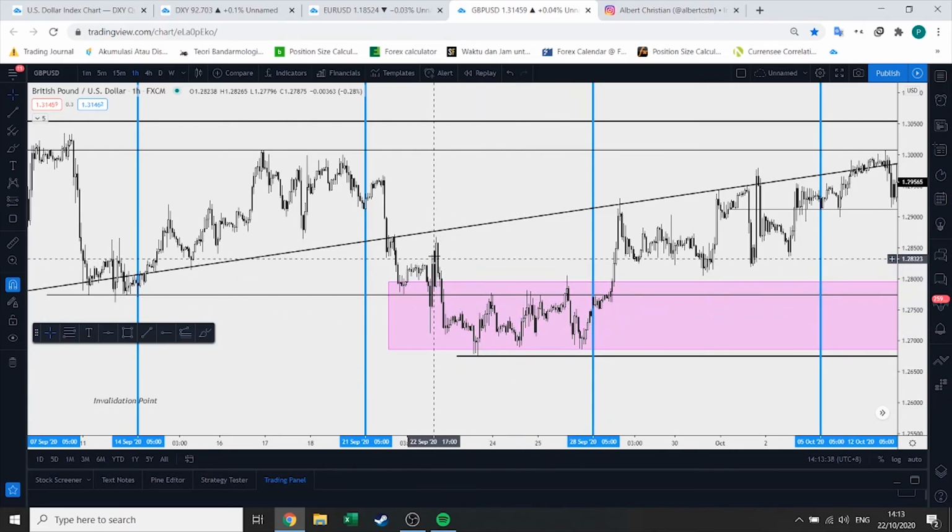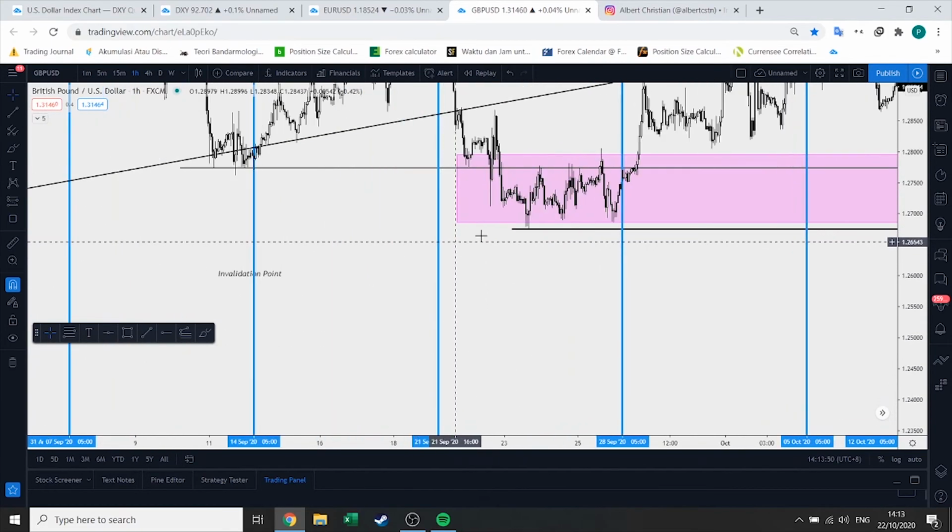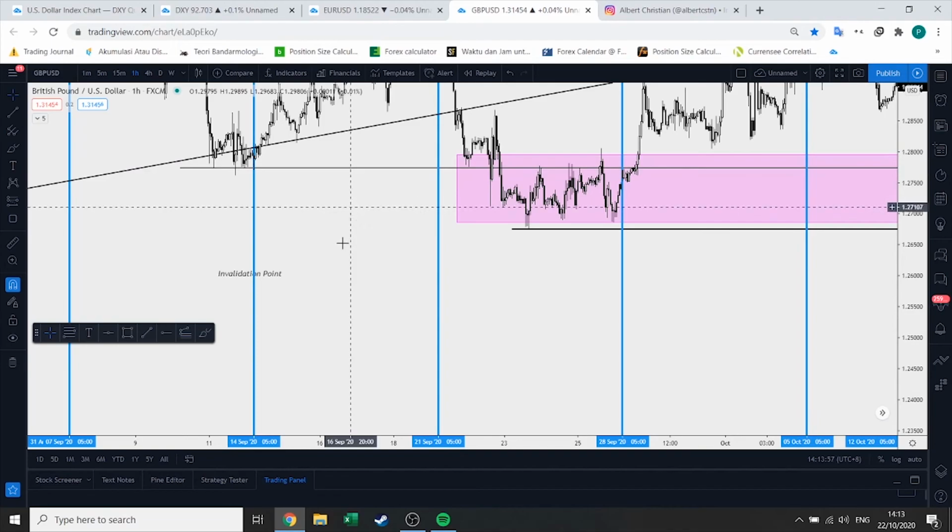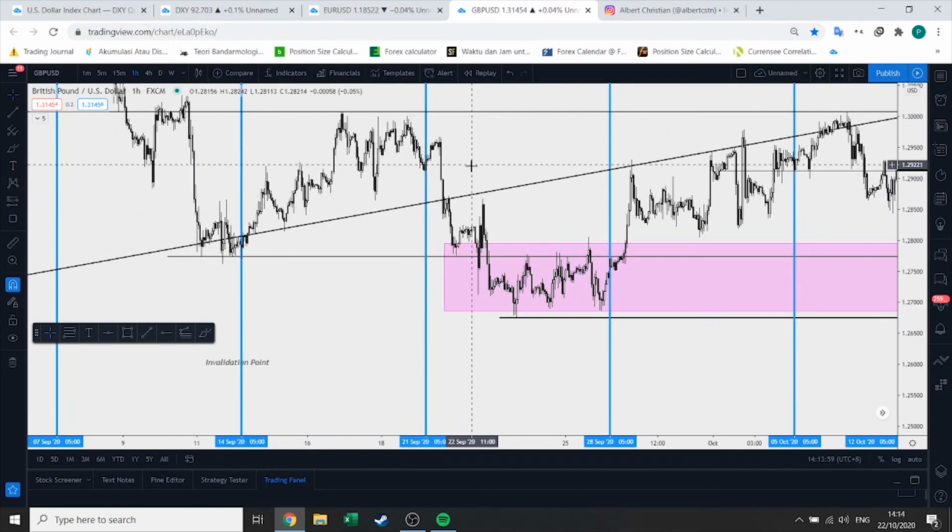When the price goes down and triggers their stop loss and sell stops, it didn't go down further, giving retailers who use this low and this low again, double bottom, as sell stops.